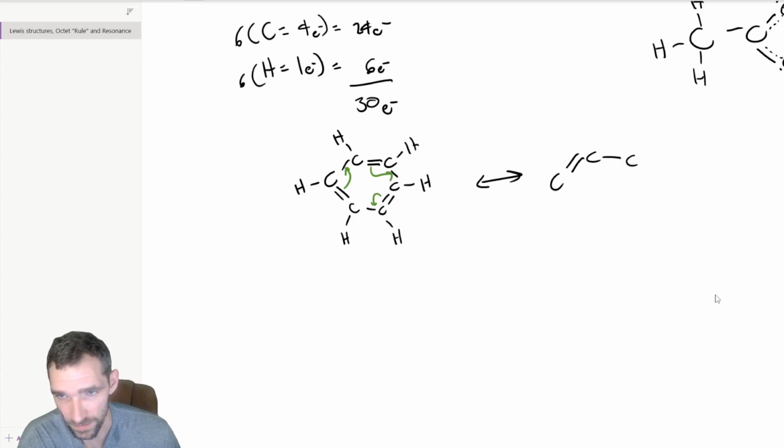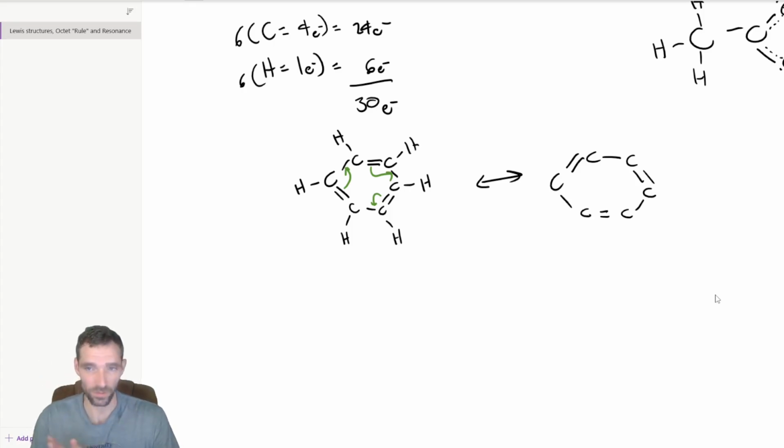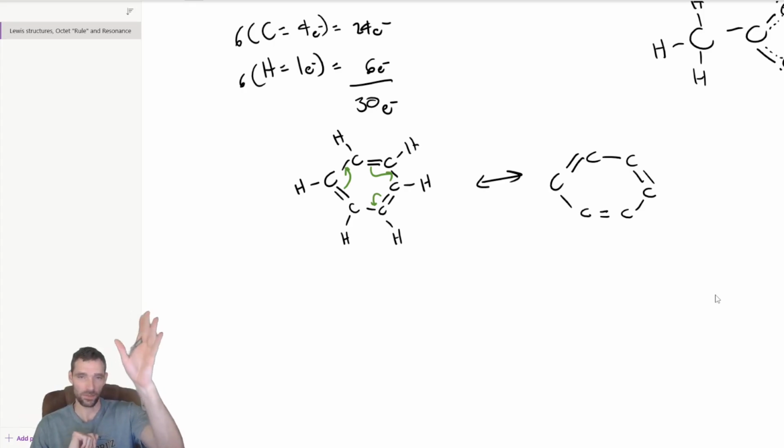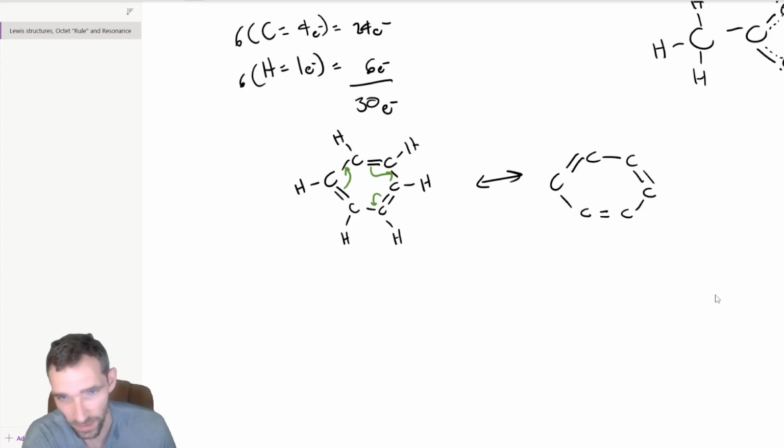So it could just be something kind of like that as well, the double bonds and the single bonds. There's no real reason for the double bonds to be on a particular spot versus the other spot. But we do have the correct total number of electrons when we have something drawn out like so. You can go ahead and count them up like you normally would and double check that.